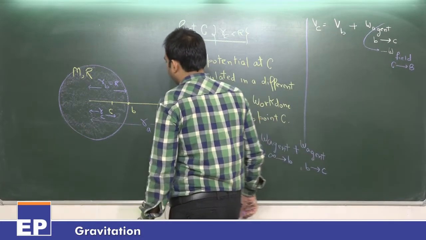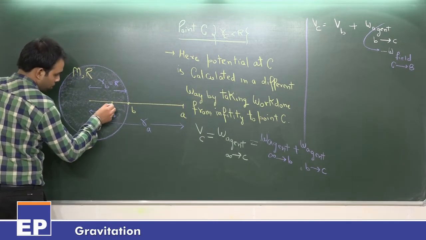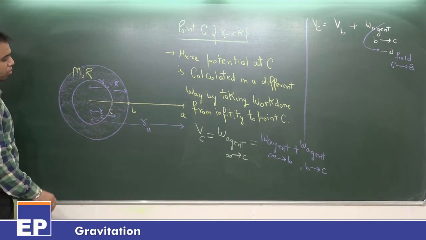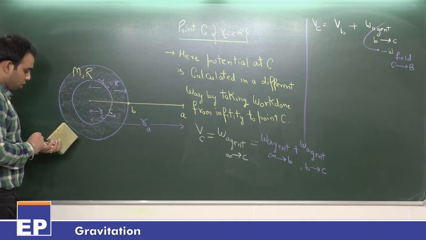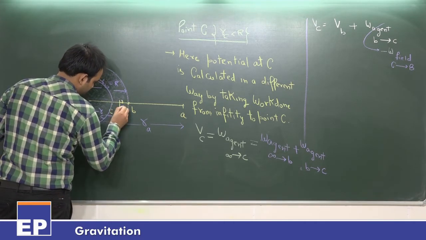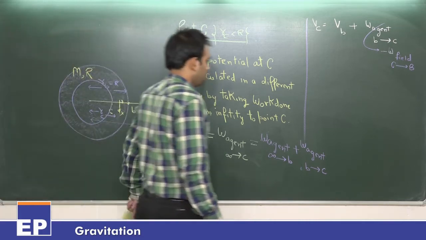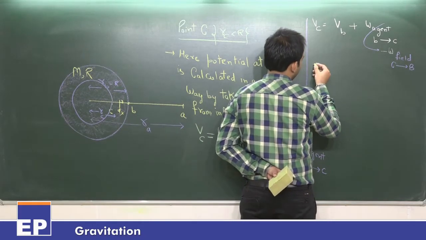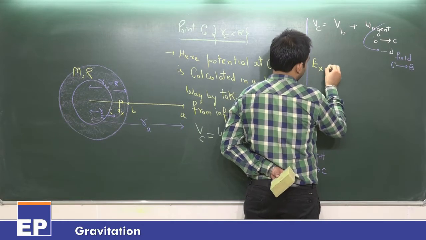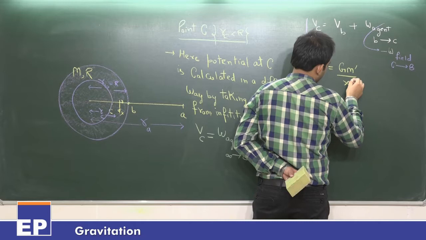Now, what is the work done by field from C to B? You can take any point at distance X from the center, and take a small distance dx. What is the field at X? The field at distance X will become G M dash by X square.